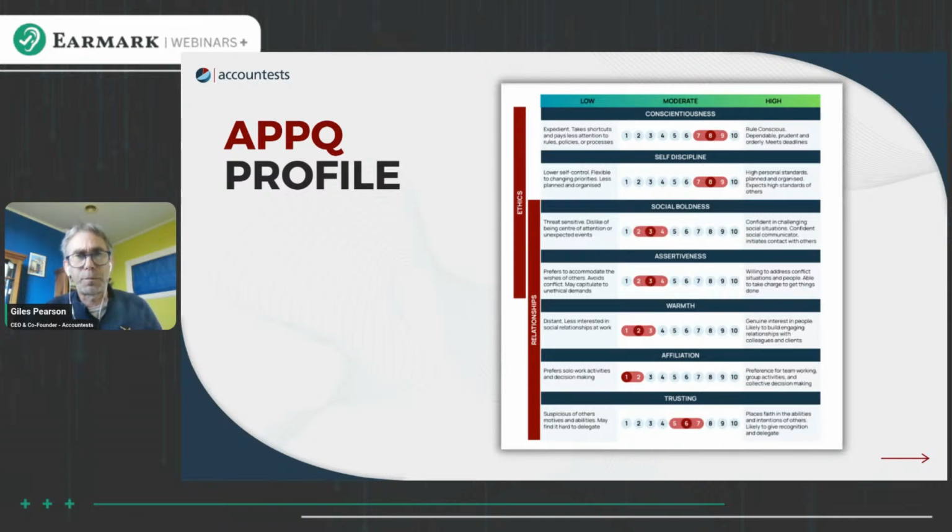Well, clearly there's some issues there around social boldness, assertiveness, warmth, affiliation. All of those areas are ones where the candidate's telling you that this is not something that they enjoy. They're not team players. They're not assertive. They don't like to deal with conflict.